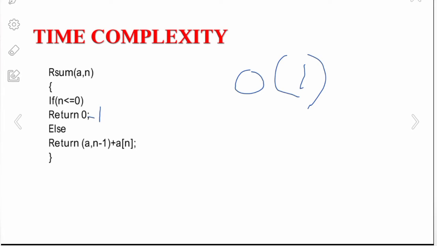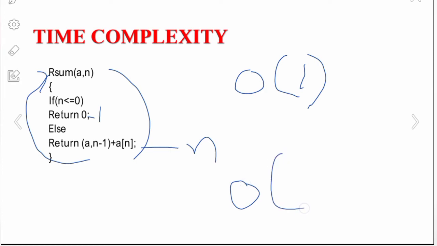If the condition fails, then it will execute the else statement, and it will execute n number of times by the recursion. Again it will call itself, again it will execute, like that it will execute n number of times. So if the else condition gets satisfied, then the time complexity will be big O of n.